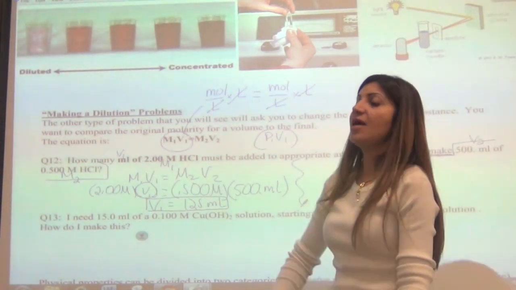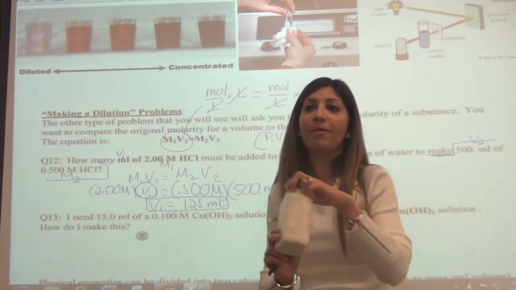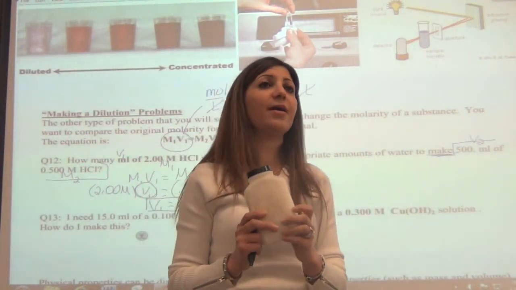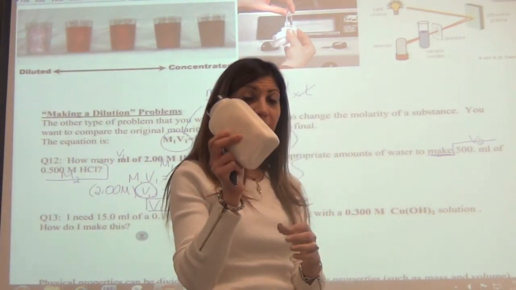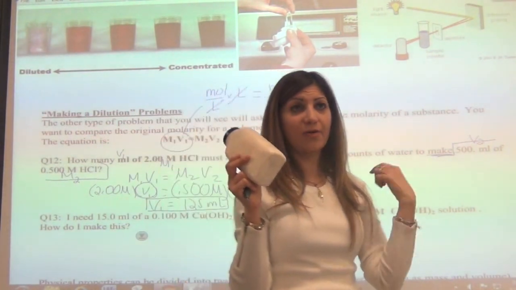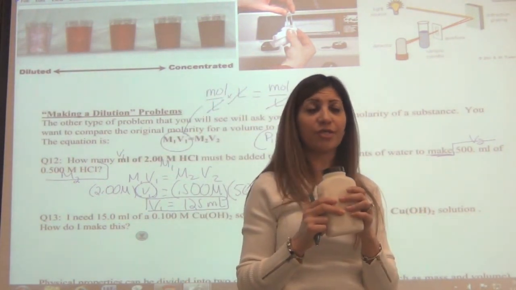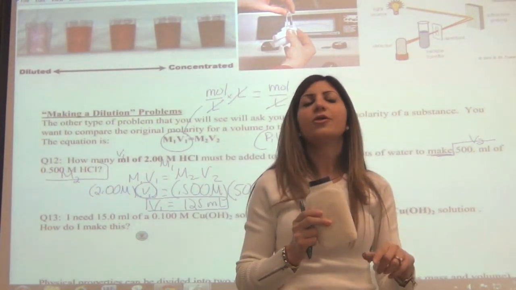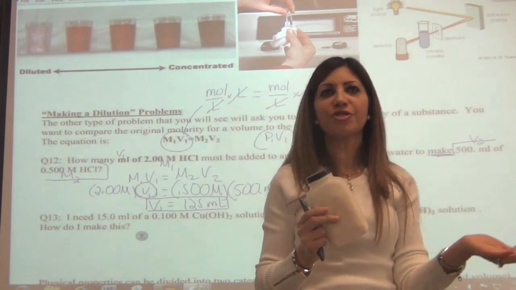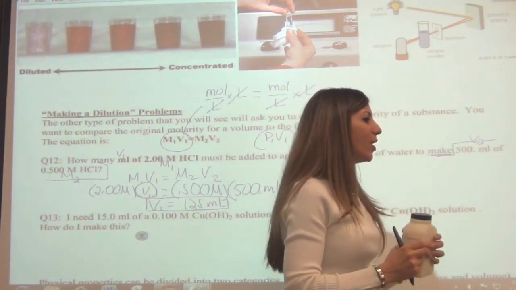So what I did was, I went back to the original solid, and the TA caught me over there and was like, you can't make 0.03. And I was like, well, I made 0.1 molar using that, so I know how to do a solution calculation. He said, no. You're not going to use the solid. You need to use a solution you already made. So it's no longer called a solution making. Now it's called a dilution. So I need to dilute it.